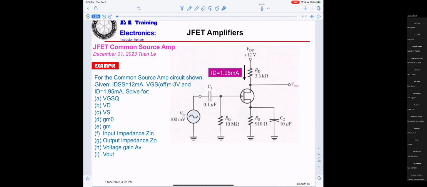If you get the ID here and the same IS here, that's easy to calculate the VS. You calculate VS equals ID times RS. Basically, IS times RS, but ID and IS are all the time equal.